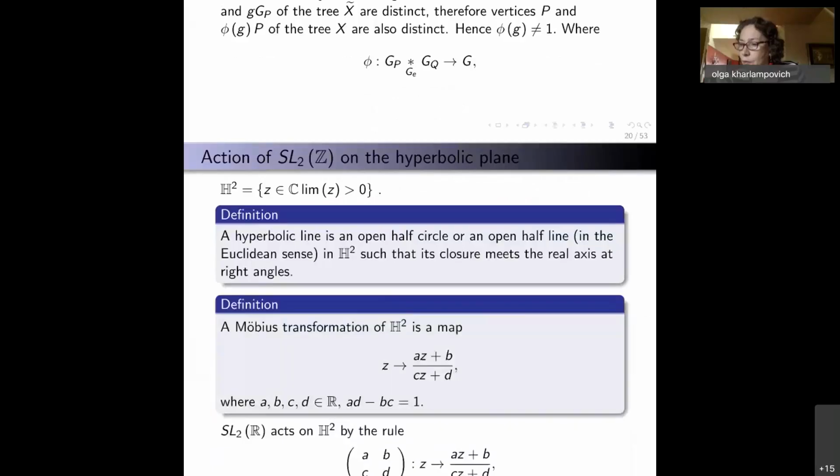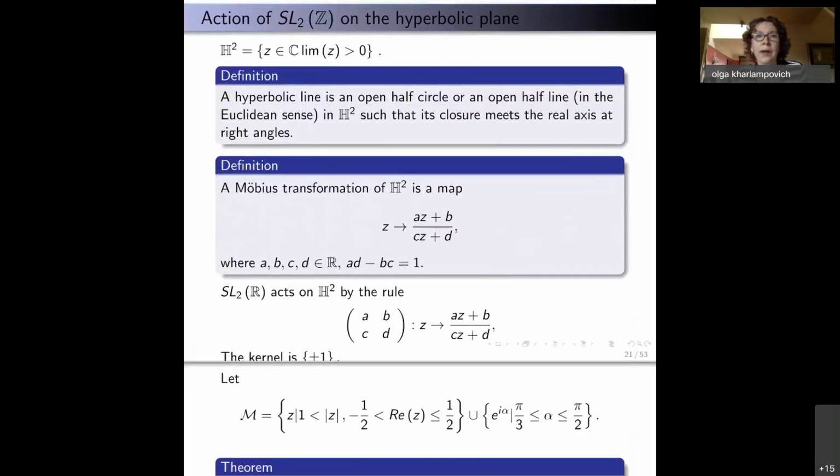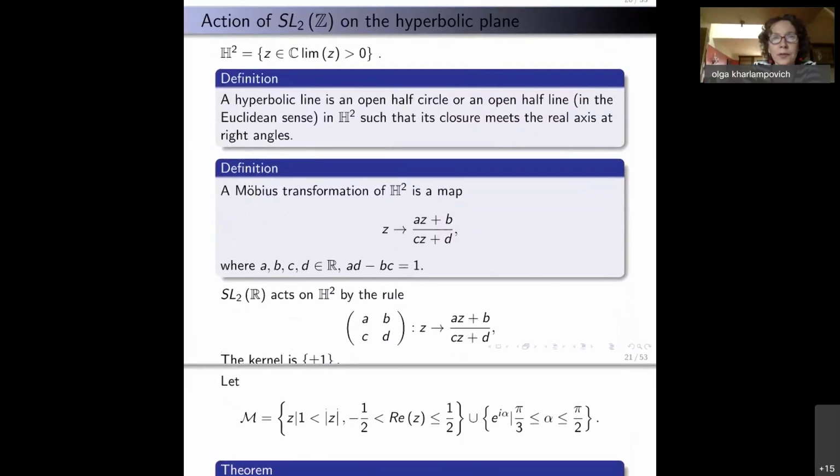But next time, I would also like to consider an example, SL2Z, the special linear group of 2 by 2 matrices. This was the goal of Serre, in his book, one of the goals: to show that this group splits as an amalgamated product.